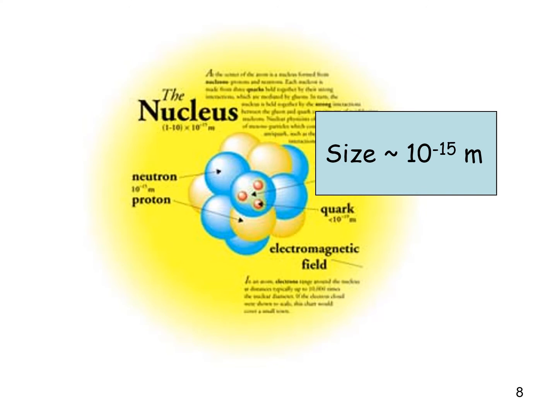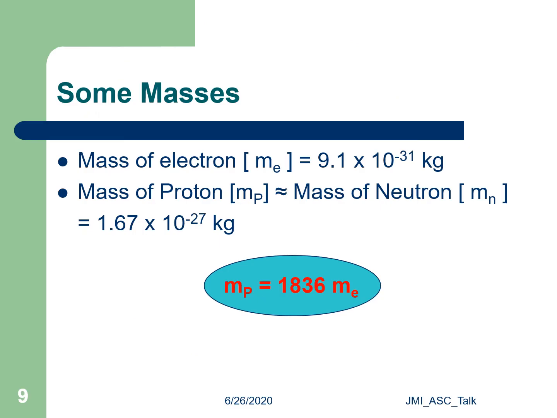As I have told earlier, the nucleus is much smaller than the atom as a whole. As the atomic scale is of the order of angstrom, the nuclear scale is of the order of Fermi, that is 10 to the power minus 15 meter. Most of the mass of an atom is concentrated in its nucleus because electrons revolve around outside the nucleus and they carry a negligible mass of the whole atom.